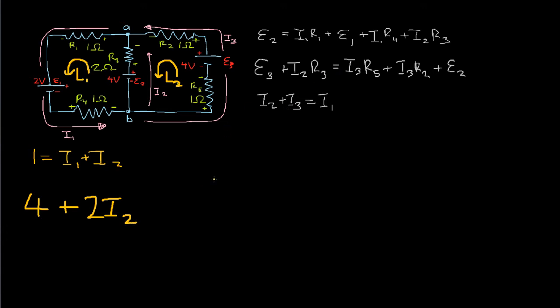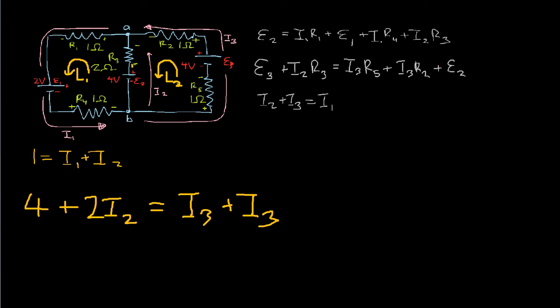And that equals I3R5. R5 is right over here at 1 ohm. No need for a coefficient. How convenient. I3R2, same thing, 1 ohm again. So just add I3 again.